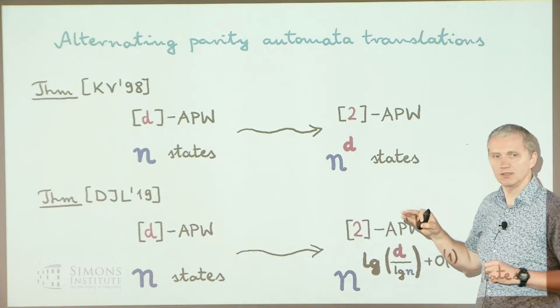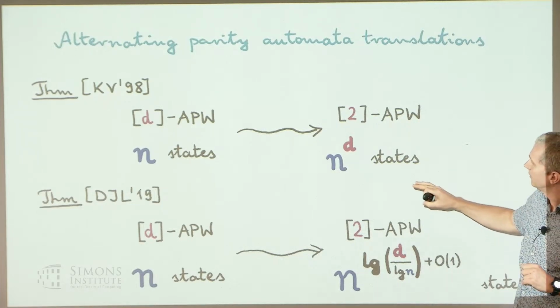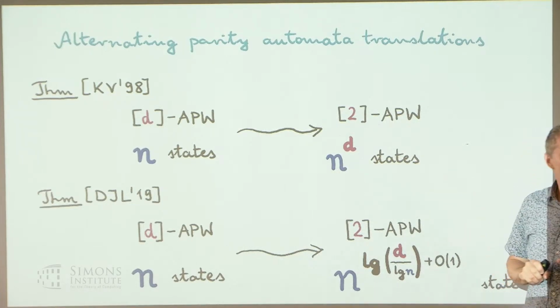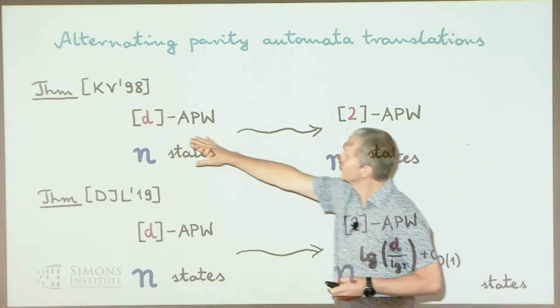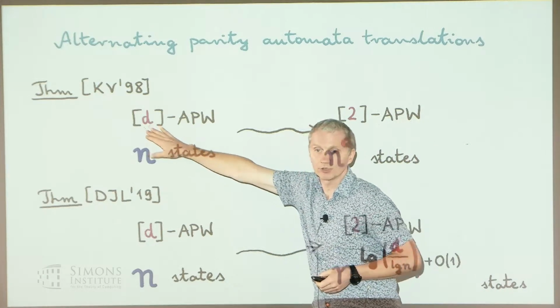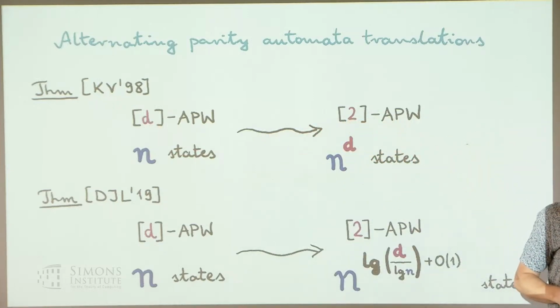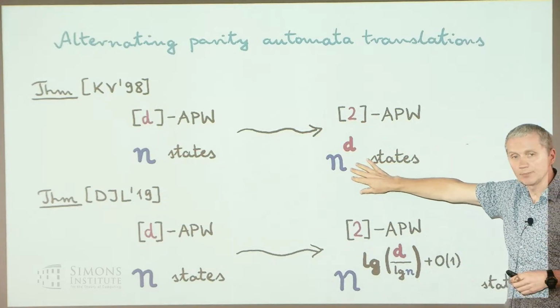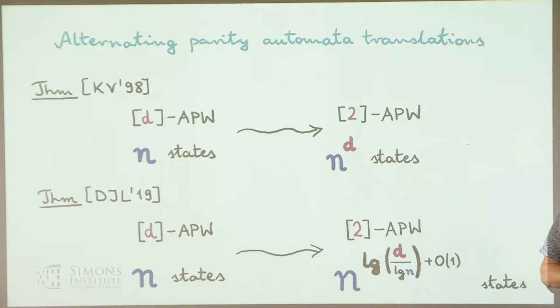And I think the original argument involved a double exponential blowup, and Moshe and Orna had this construction which translated from a parity automaton with d priorities down to a weak one, with a blow-up that was only singly exponential, and in the exponent we only had the number of priorities.